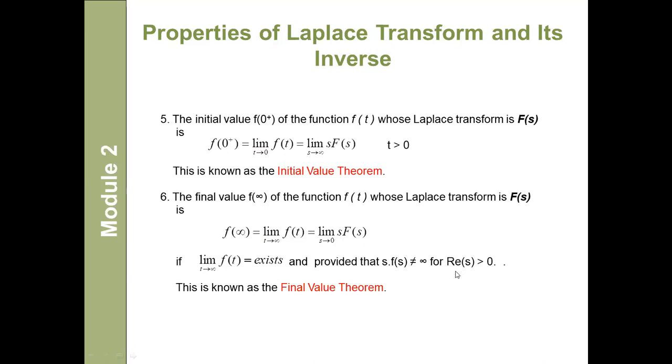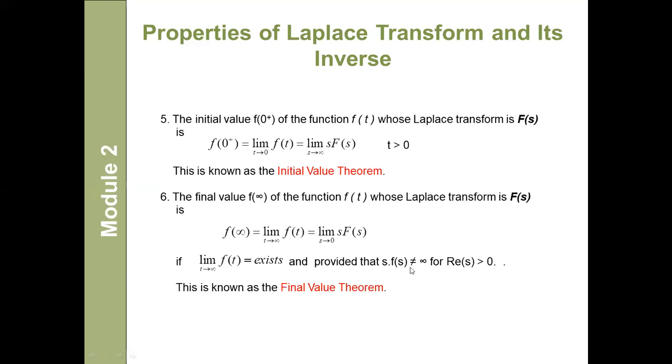As long as s is greater than 0 in the original s times function of s expression and the answer to the product is not equal to infinity, then you can proceed to evaluating the limit of such expression. So there is a need for you to check this first.